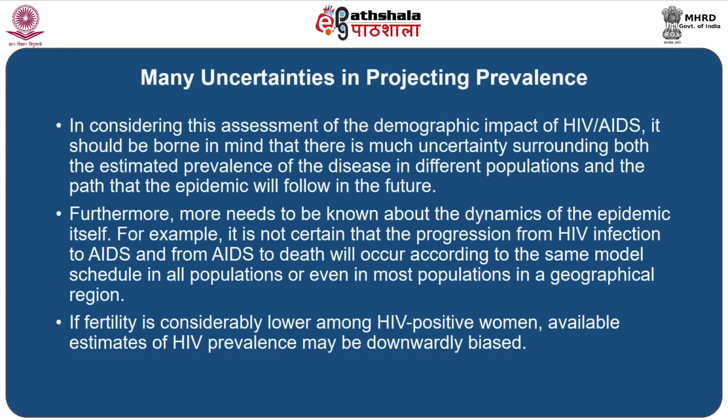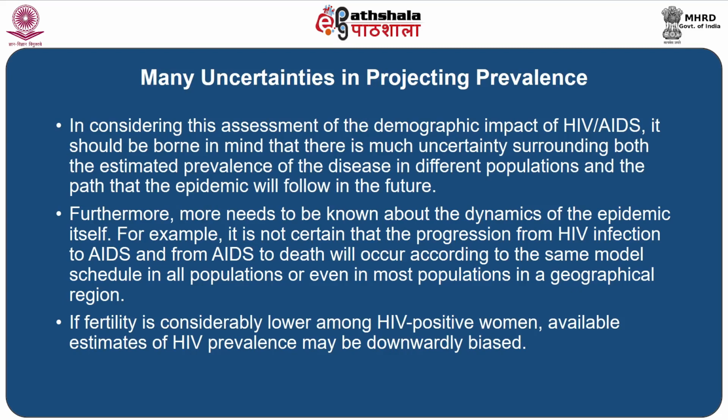There are many uncertainties in projecting the prevalence. In considering this assessment of demographic impact of HIV, it should be borne in mind that there is much uncertainty surrounding both the estimates of prevalence of the disease in different populations and the path that the epidemic will follow in future. Furthermore, more needs to be known about the dynamics of the epidemic itself.